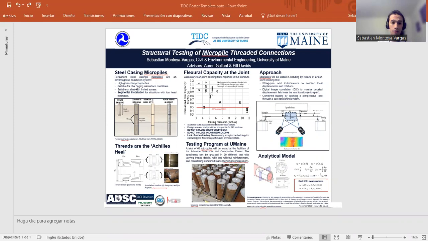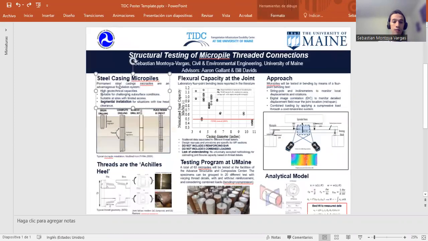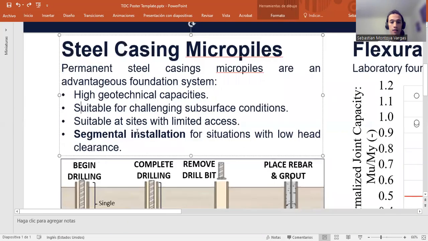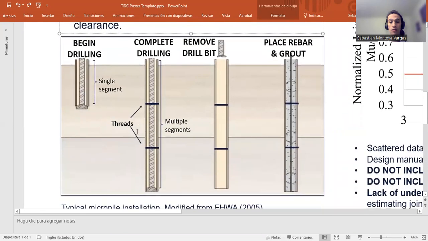So in the case of steel casing micropiles, we have an installation process that is typically, as shown in the diagram, where we start drilling a pipe of relatively small diameter, less than 12 inches.